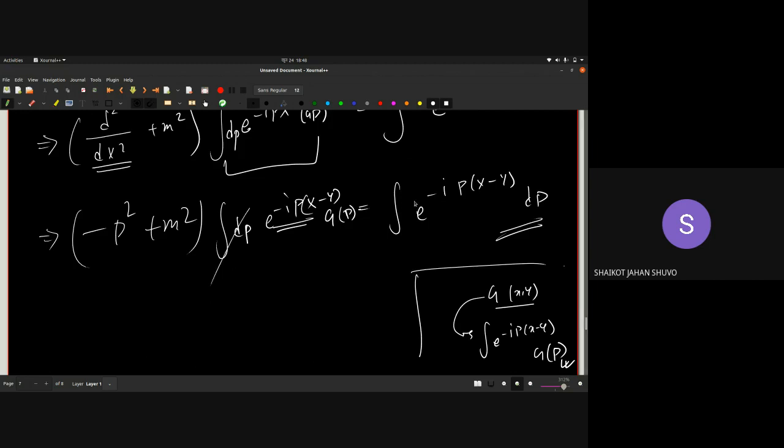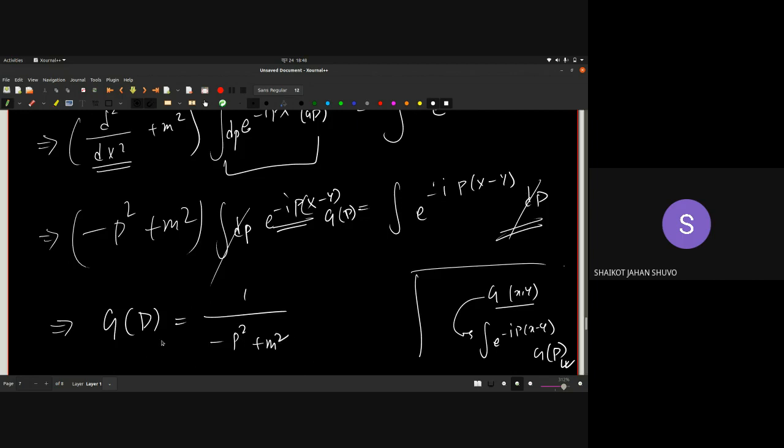So you get rid of all this, or what you can do if you want to be more concrete is that you take this integral on this side on a minus, then you factor out the integration measure, the integral itself, like that. And what you have over here ultimately is that g of p is some 1 upon minus p square plus m square.